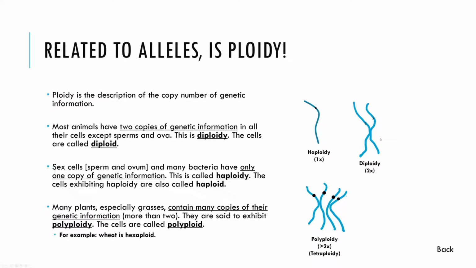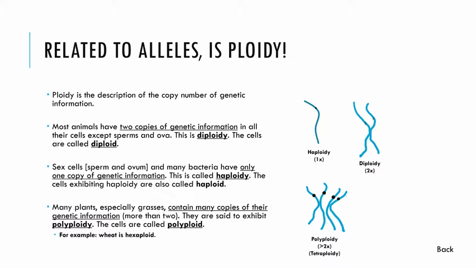Let us quickly look at this new term, which is called ploidy. Ploidy is the description of the copy number of genetic information. Most animals have 2 copies of their genetic information in their cells, except sperms and ova. Animals that have 2 copies of their genetic information in their cells are called diploid, and this phenomenon is called diploidy.